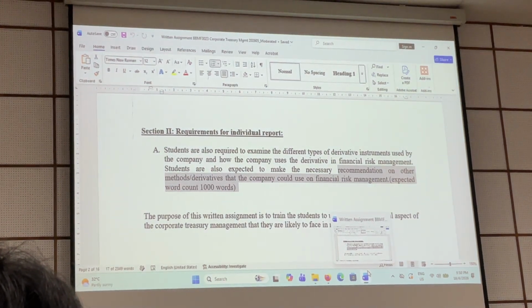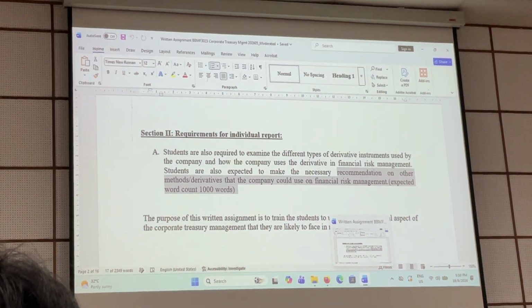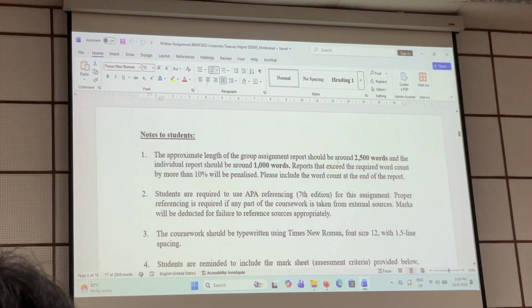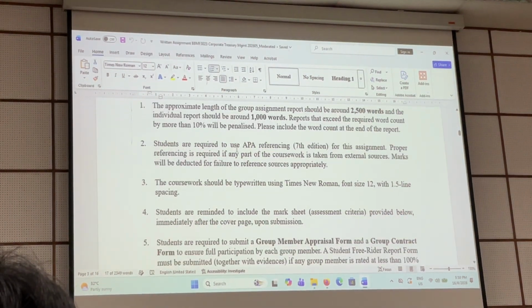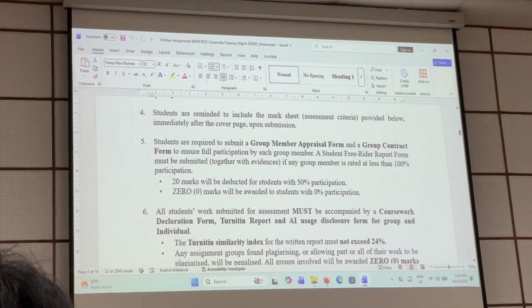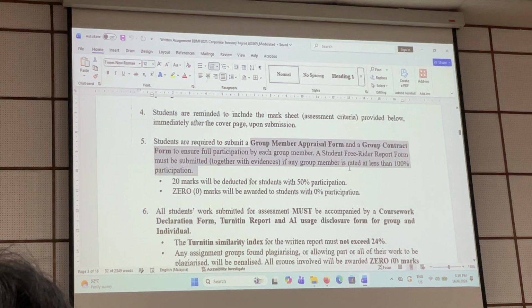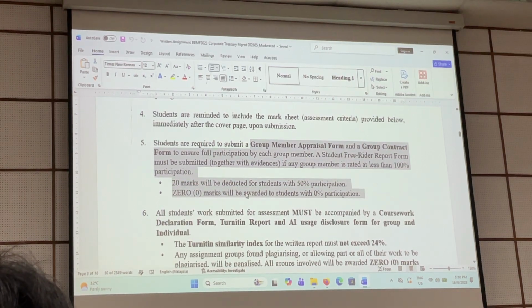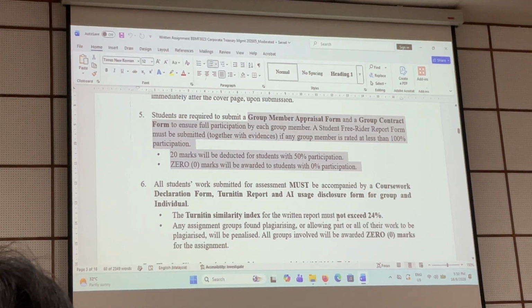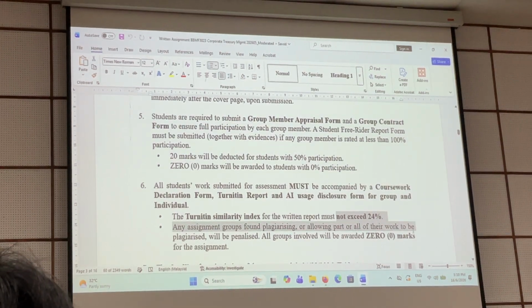Clear? Okay. Don't forget, I've explained all this. Remember your forms. I've attached all the forms. Please take note. Plagiarism, Turnitin 24%.